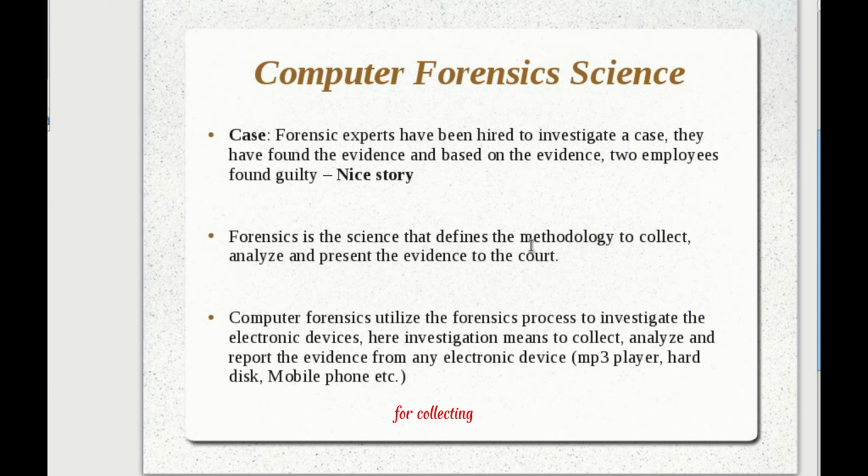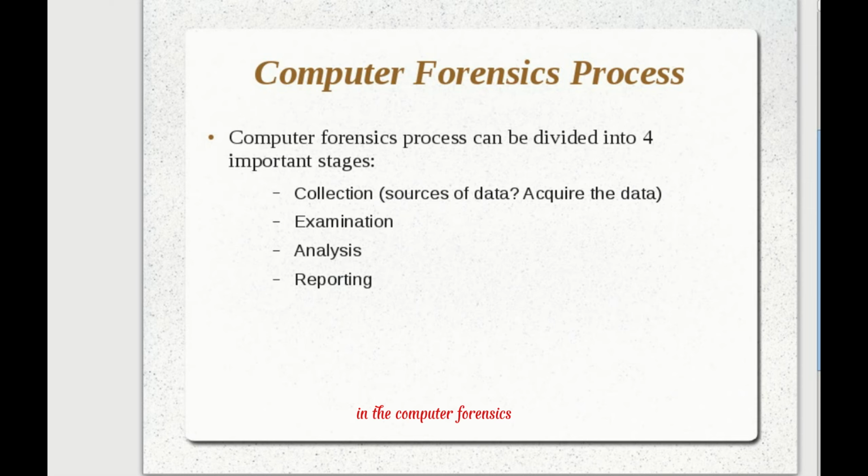The first step in computer forensics is to identify potential sources of data and acquire data from them. As you can understand, a variety of data sources are available. For example, electronic devices such as the hard drive, USB or flash drive, CD, DVD, and even network information.